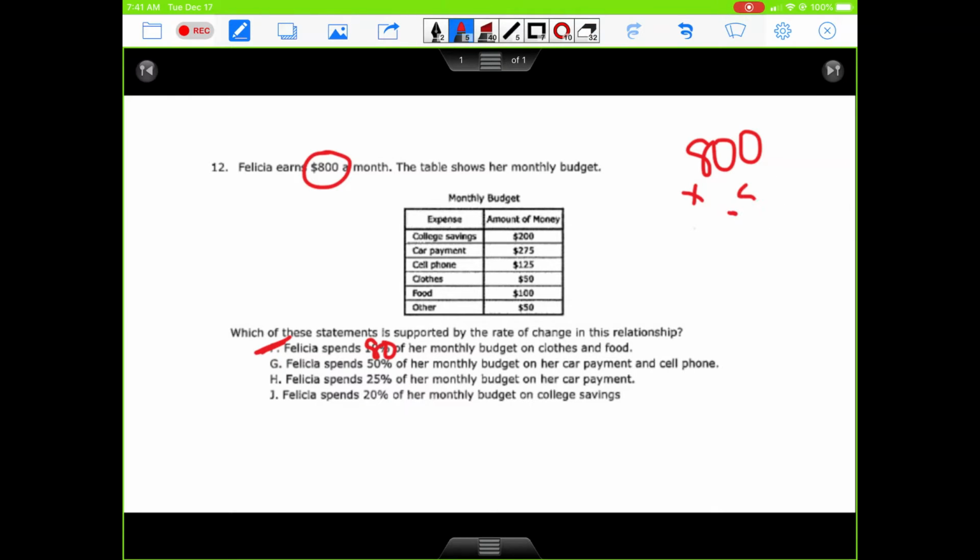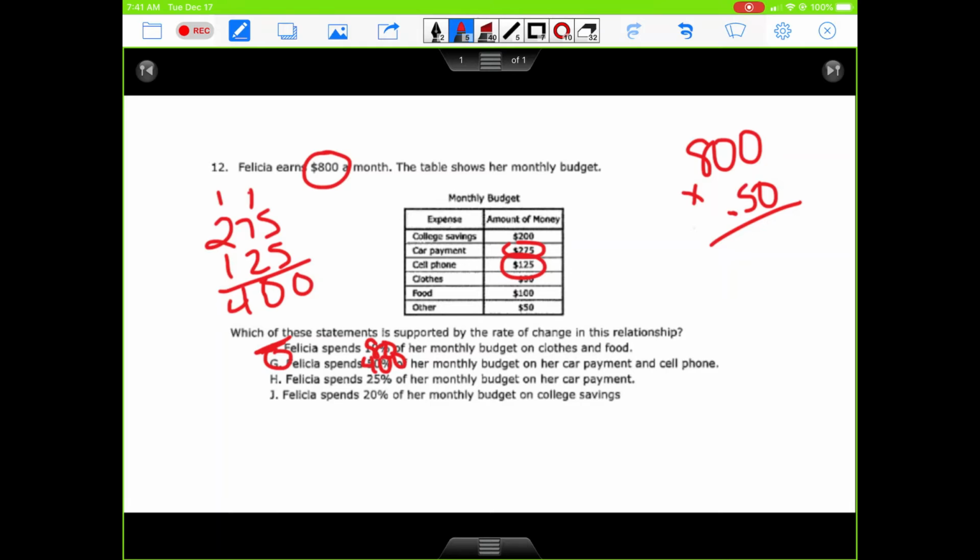Let's figure out what 50% of 800 is by changing 50% to a decimal and then multiplying. 800 times 50 hundredths is going to give me 400. Let's look at car payment and cell phone. Car payment is $275. Cell phone is $125. 275 plus 125 is 400. So does Felicia spend 400 on car payment and cell phone? Yes, she does. So that's our correct answer.